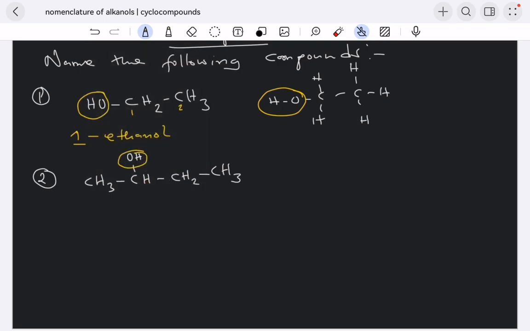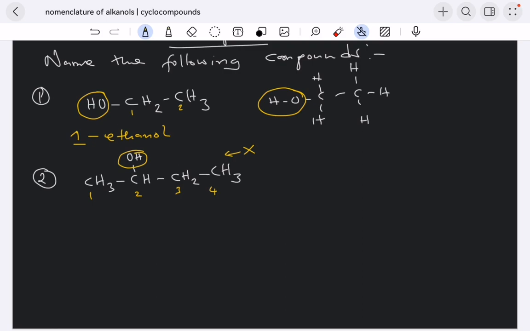So the functional group is OH. How do we start counting? We start counting from the carbon that is closer to the hydroxyl. So in this case, it's 1, 2, 3, 4. If we start from the other side, it's going to be wrong because our hydroxyl is going to be on the third position. So how do we name this particular compound?